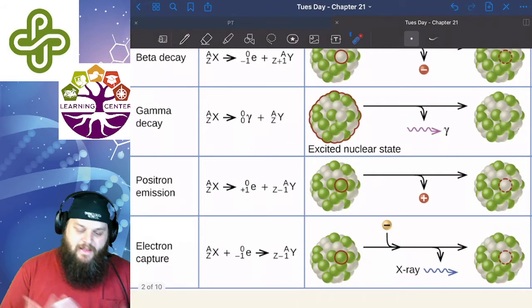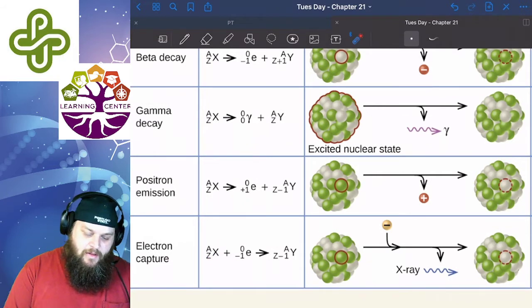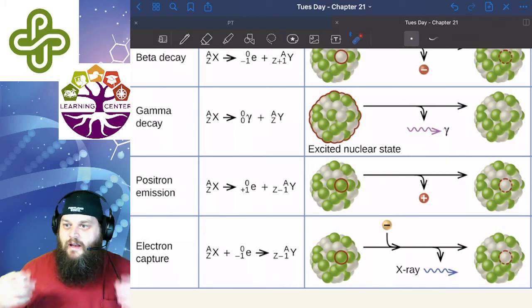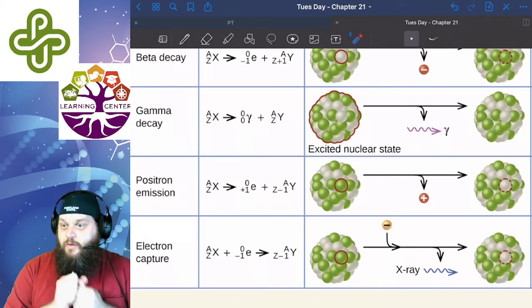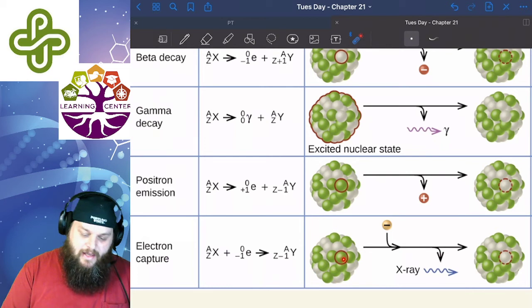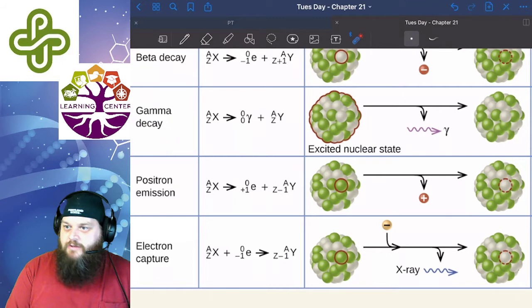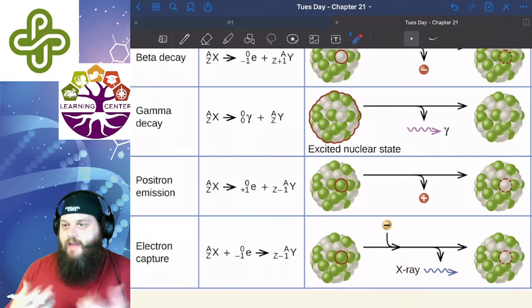For electron capture, it would be like if you bombarded an element with electrons. And an electron finally hits the nucleus directly, and it hits a proton in there, and the proton plus the electron turns into a neutron. And when that happens, the deceleration of the electron will actually emit a gamma ray, or sorry, an X-ray, another highly energetic light wave.